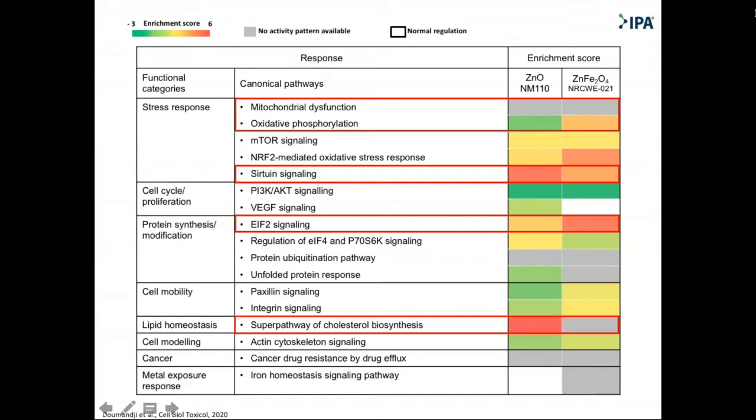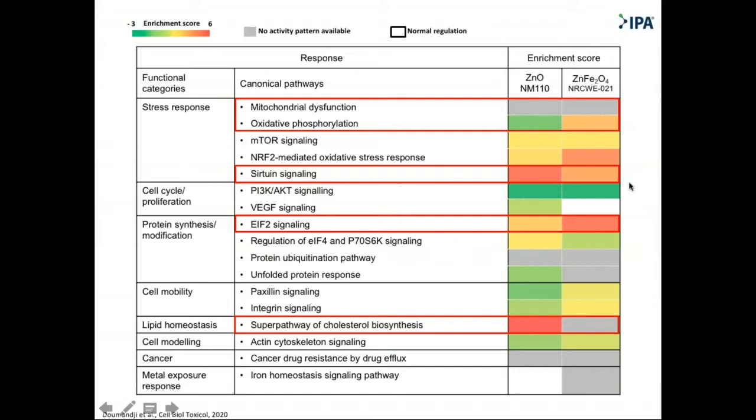As you can see, we have pathways which are sometimes not regulated in both. For instance, mitochondrial dysfunction was almost not dysregulated, but oxidative phosphorylation was downregulated in zinc oxide and upregulated in zinc ferric oxide.